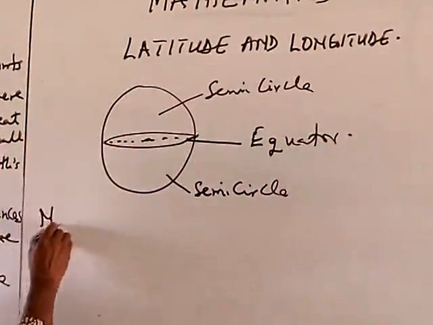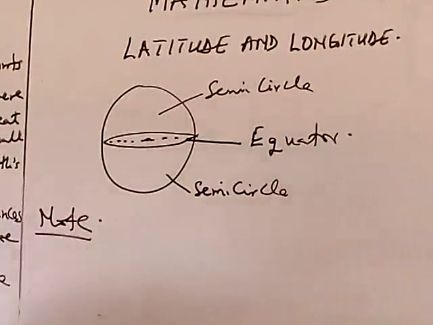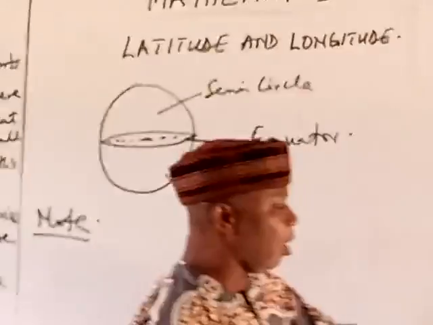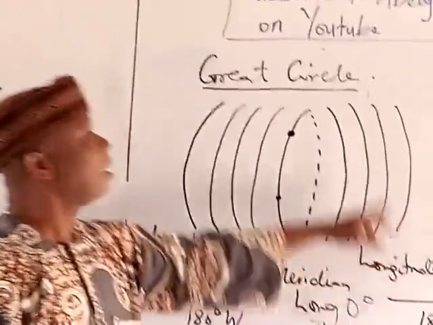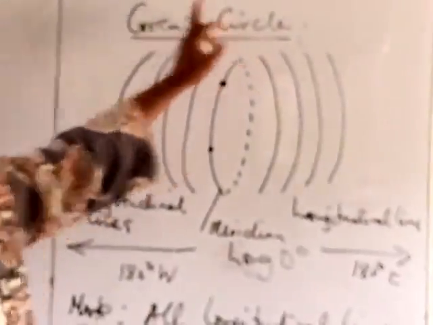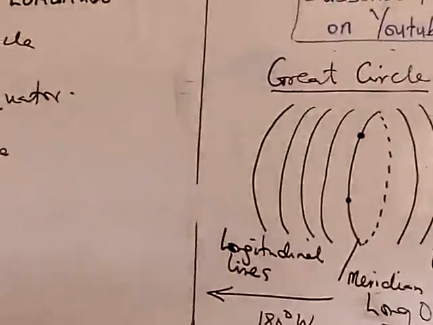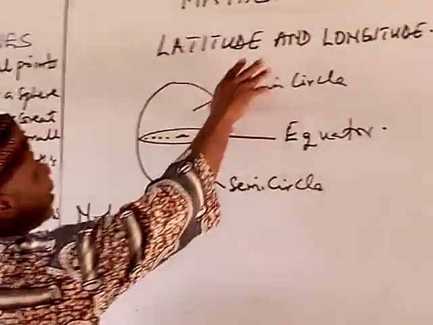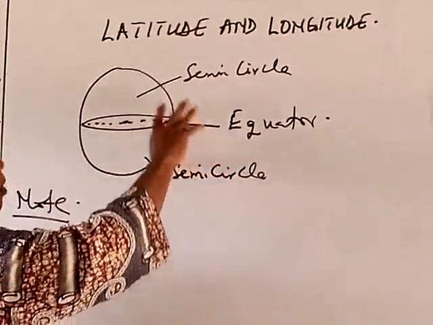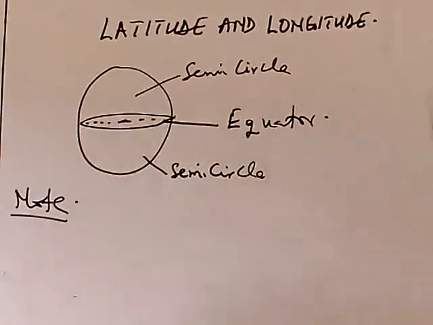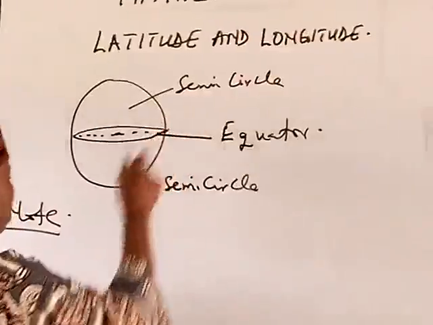Note here, I said the other time that all longitudinal lines are great circles. The same thing is applicable here. All latitudinal lines are small circles, except only one, that is the equator.